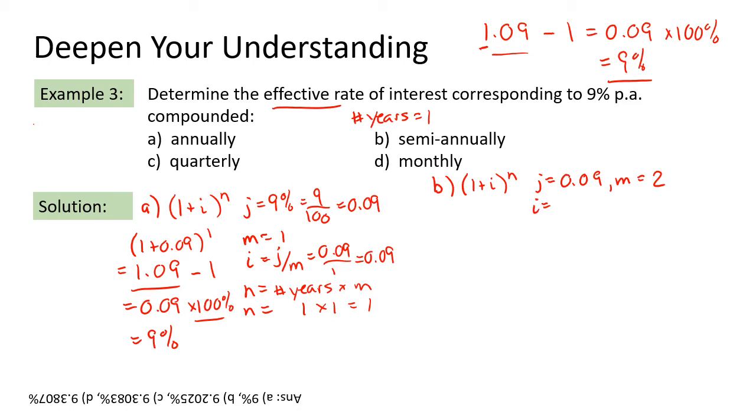So i is 0.09 divided by 2, which is 0.045. n, okay, again, we're assuming it's 1 year, so we have 1 year multiplied by the number of compounding periods per year, which is 2, so we get a value of 2. Substituting that in, we get 1 plus 0.045, all to the exponent 2.